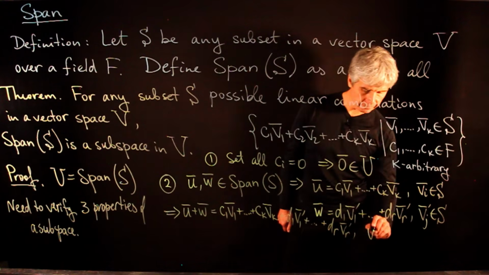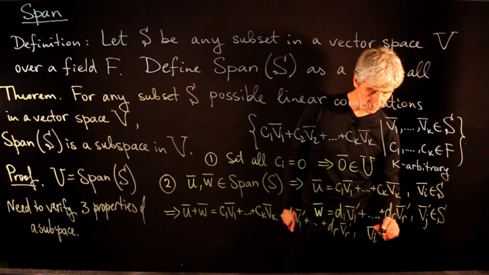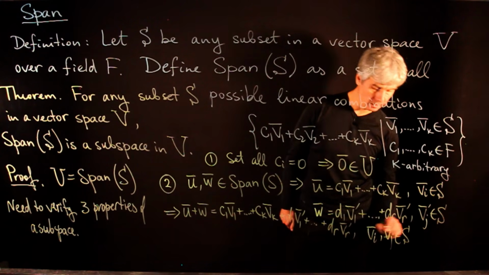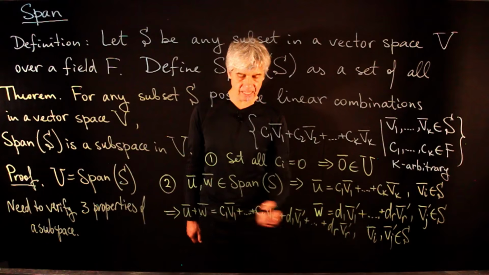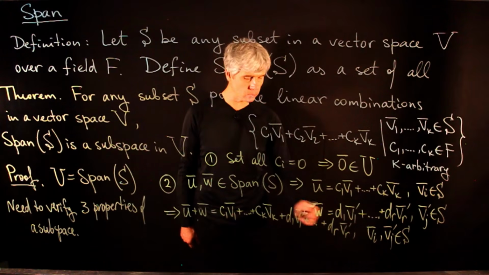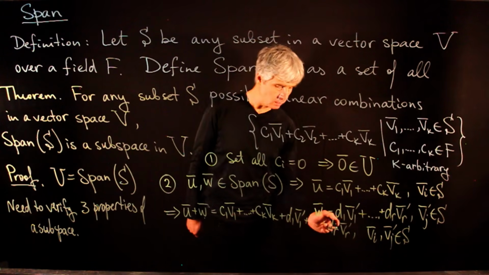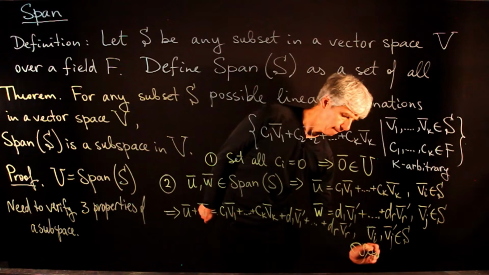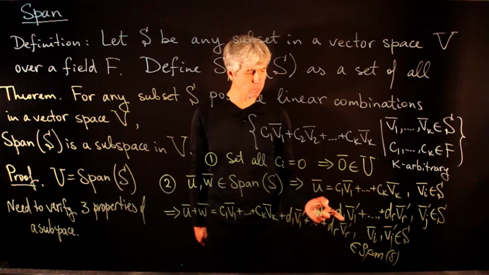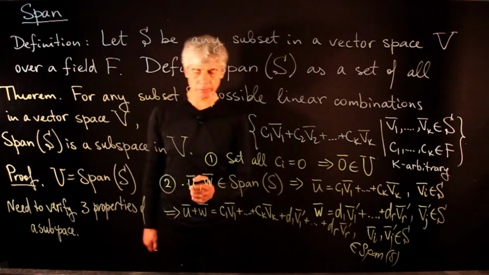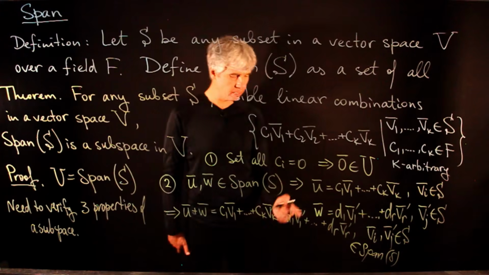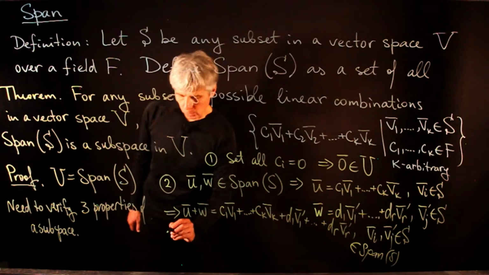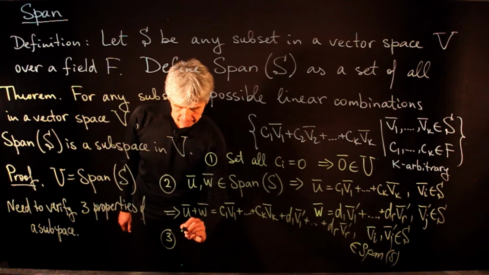But what we have is all vectors V's and V primes are all in S. So this means that this is still a linear combination of vectors from the set S. And so this linear combination belongs to span of S. And so we conclude that if we have two vectors from the span of S, then their sum is from the span of S. And the third property, again, I leave as an exercise.